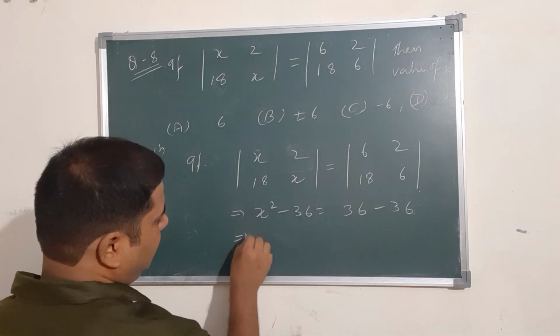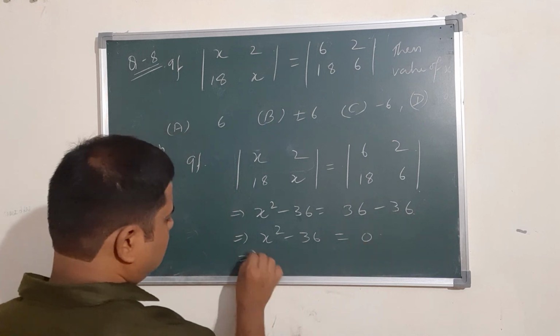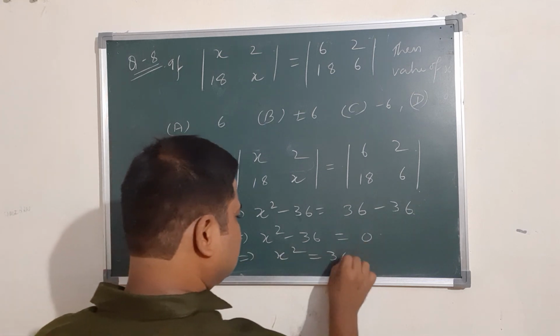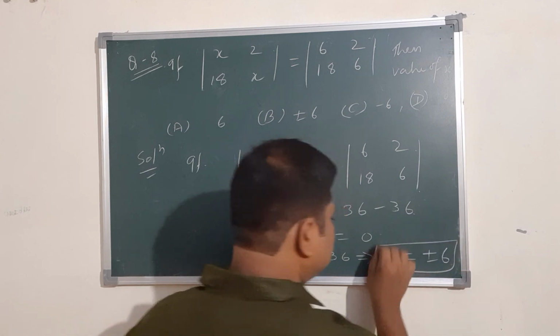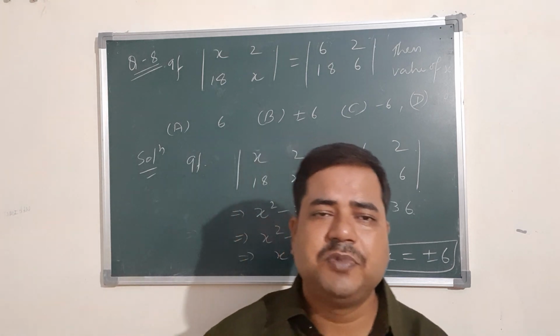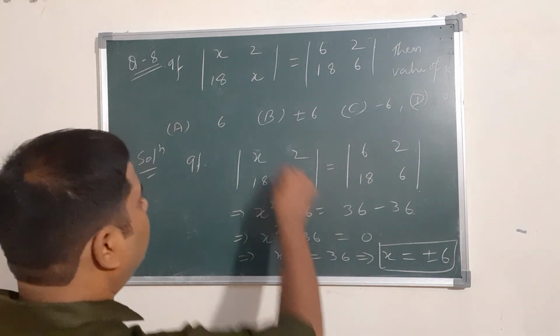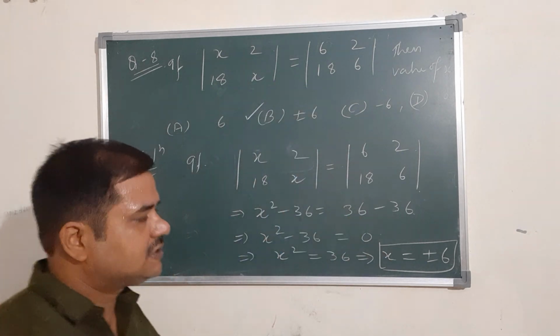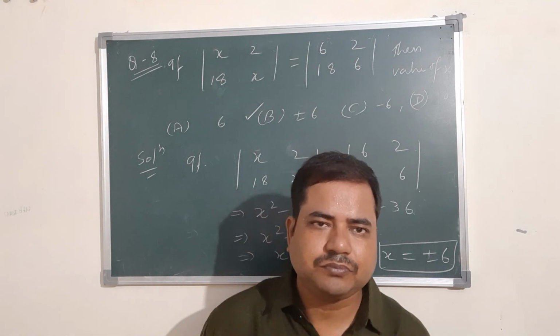So this will be x square minus 36 is equal to 0. So x square is equal to 36. So this implies x is equal to plus minus 6. This is a very important thing. If x square is equal to 36, then x must be either plus 6 or minus 6. So the answer will be plus 6 and minus 6. That means option B is correct.